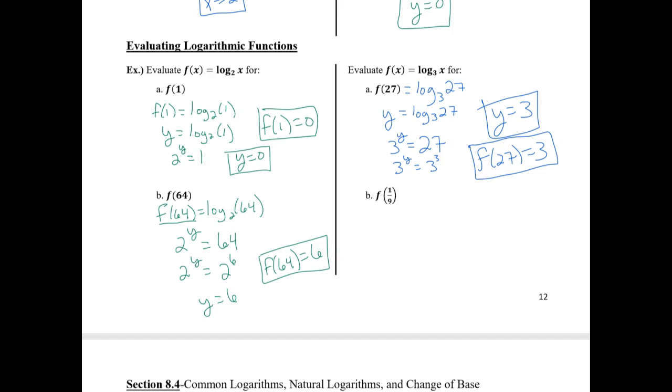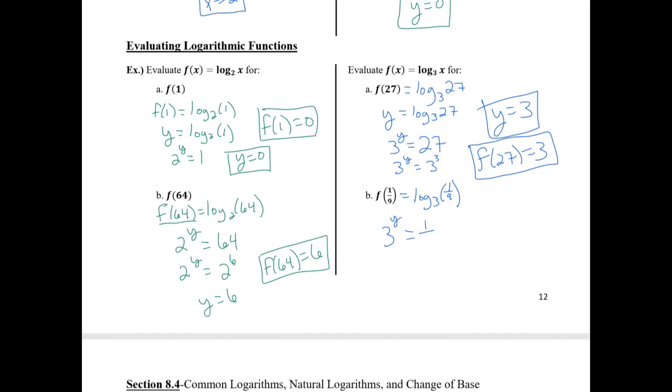Alright, part B, f of 1/9. So again, plug in 1/9 wherever we see an x. Rewrite it exponentially. The base is 3, log base 3. Logs equal exponents. This equals f of 1/9, but that whole f of 1/9 is the same thing as y.